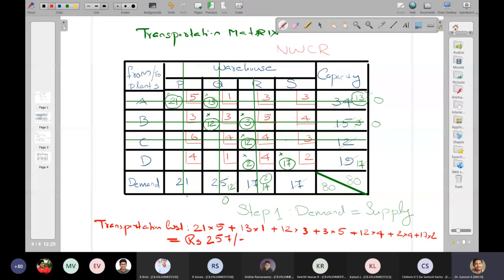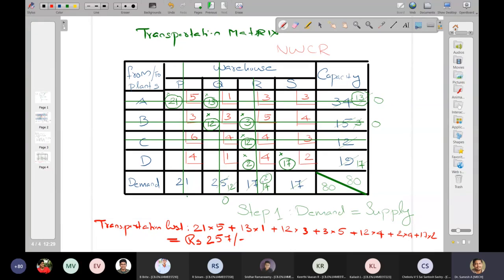Now left out row is D, and left out columns are R and S. So the total capacity for D is 19 and demand for R is only 2 and S is 17. So that 2 is given there and the rest 17 is given over here.